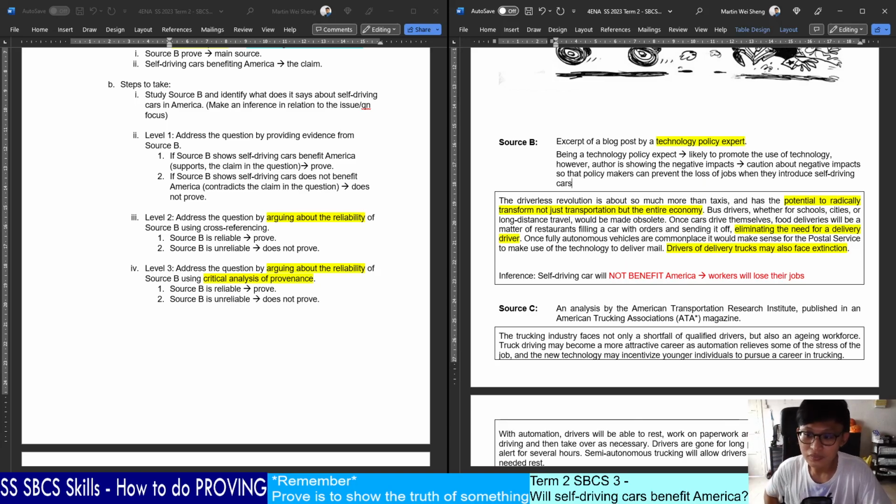So there is this good motive he wants to have. He wants to caution against the negative impacts so that the policy makers, in other words the government, when they introduce the use of self-driving cars, can do their best to implement rules and regulations such that it prevents the loss of jobs. So he is trying to protect the jobs of the people.